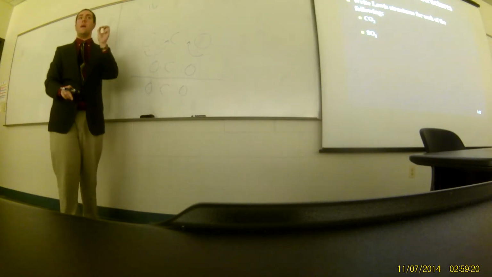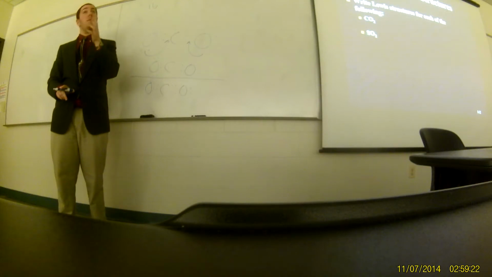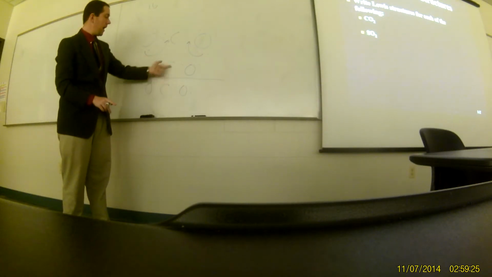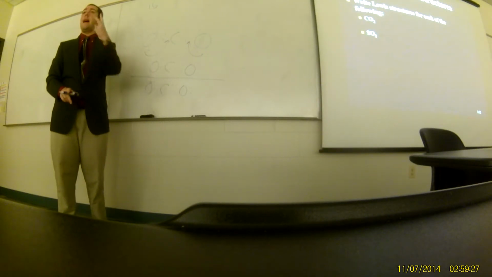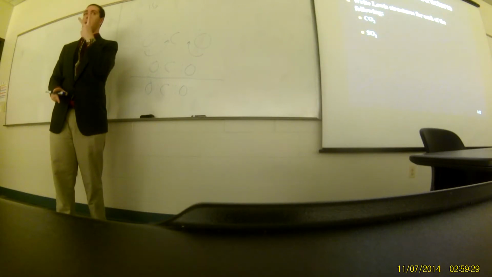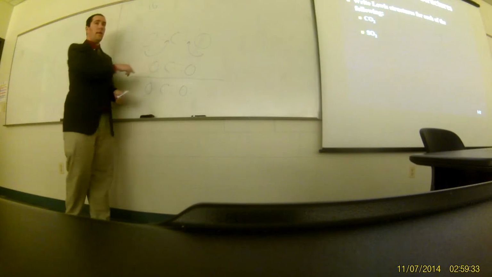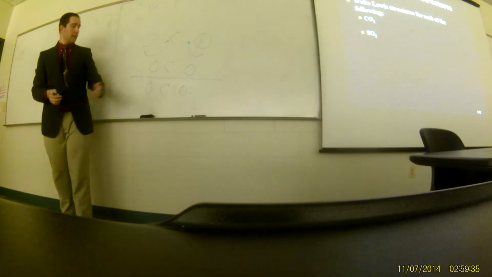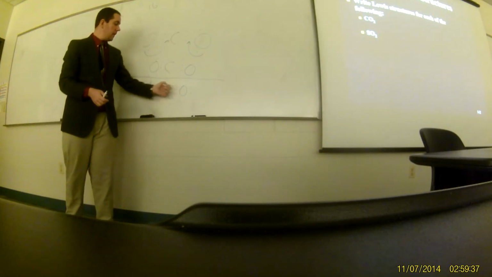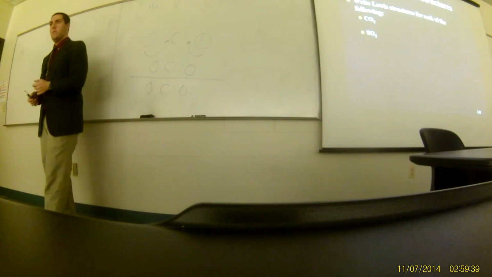Oxygen only wants to make 2 bonds. Carbon wants to make 4, so carbon is happy with either of them. But oxygen only likes to make 2 bonds. So here, the oxygen has 3, that oxygen has 1, neither of them are happy. Down here, they both made 2.